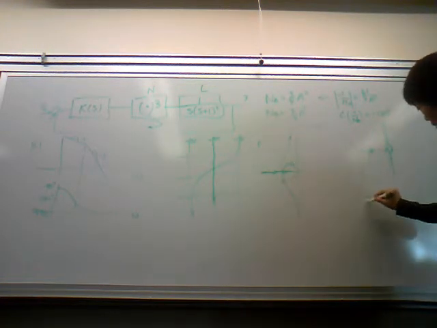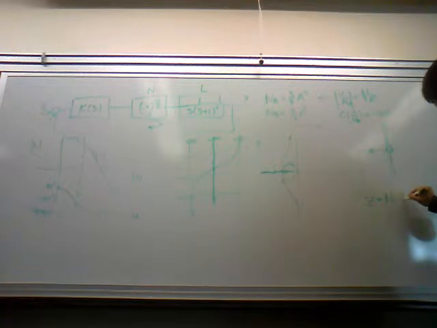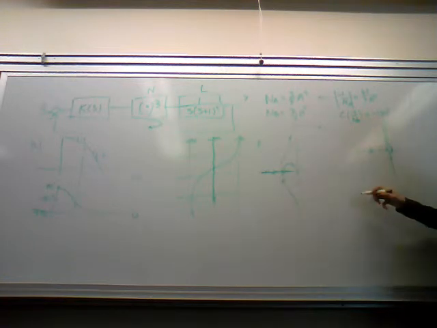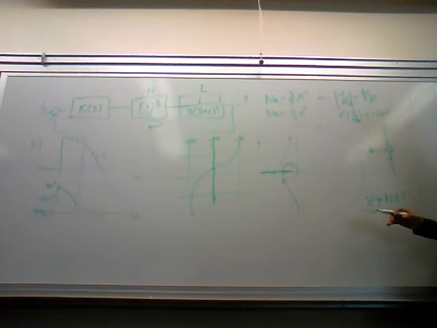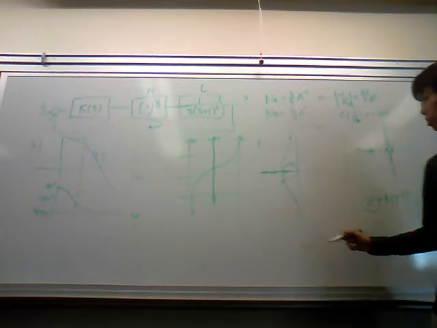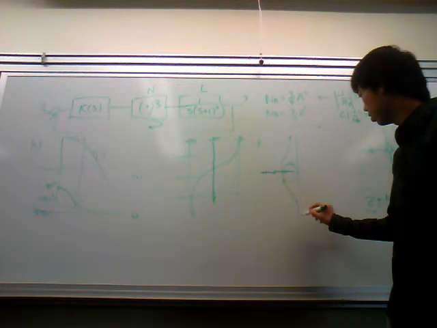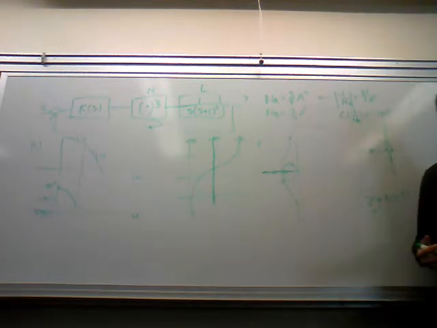So if you recall the Nyquist stability criterion, you get N is 2, so we have 2 unstable poles. So we can conclude based on this that the limit cycle is unstable.